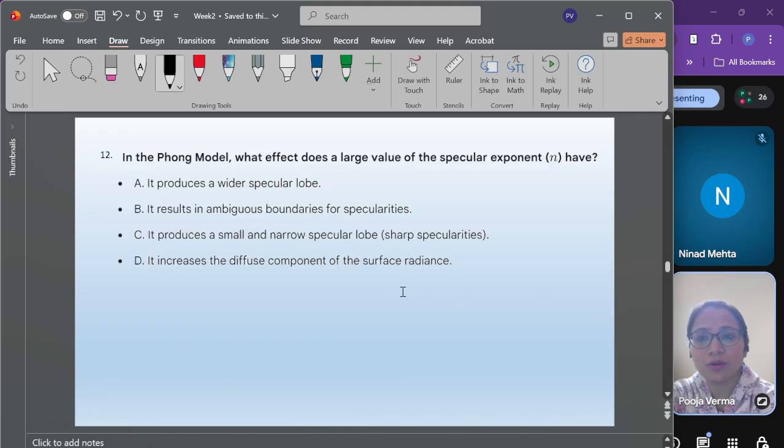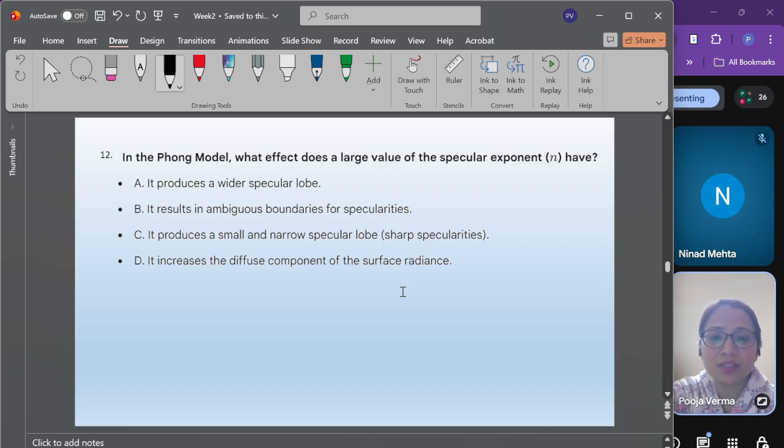Okay, so now moving to our next question. In a Phong model, what effect does a large value of a specular exponent n have? Option A, it produces a wider specular lobe. Option B, it results in ambiguous boundaries for the specularity. Option C, it produces a small and narrow specular lobe or sharp specularity.